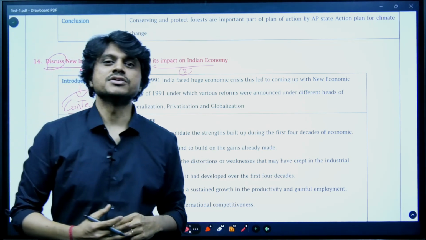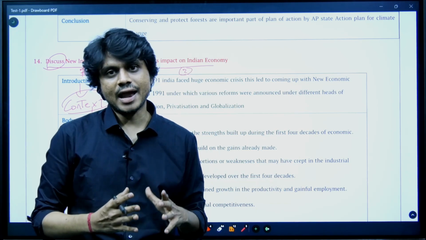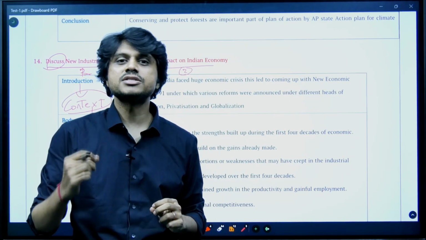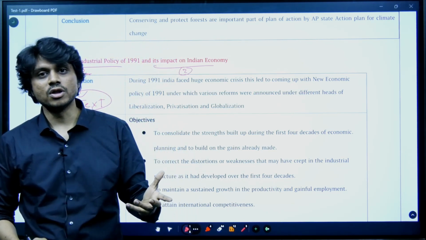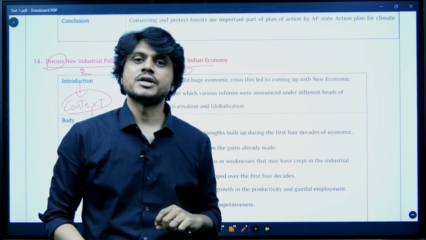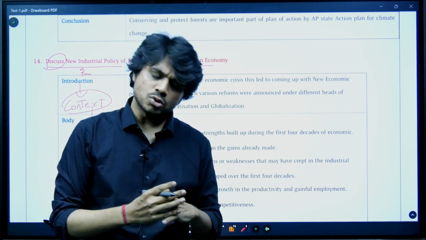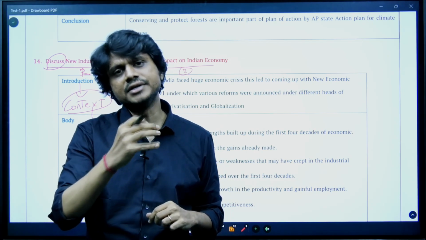They were inefficient. So in this context we planned to kickstart a kind of development that is not simply public sector led, but also introduces the private sector and brings in foreign investment. We wanted to completely overhaul our industrial policy. This is the context of our question.